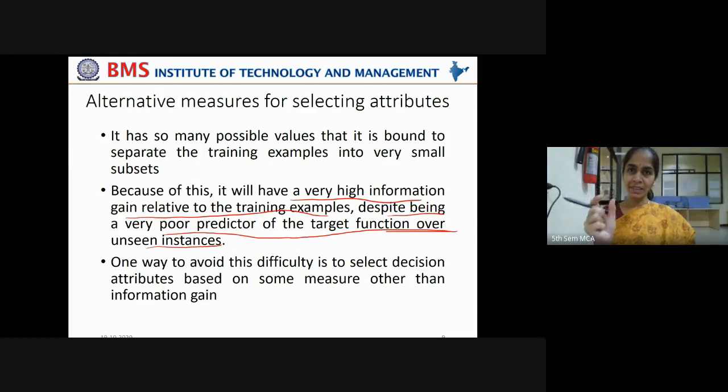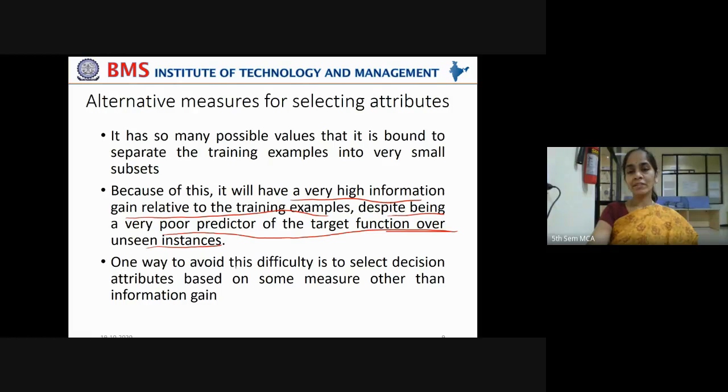Now when some unseen example is given where the date is different, there is no branch in the decision tree to proceed with the prediction. It will stand wondering what has to be predicted, whether yes or no, because it doesn't know the new date. That is the disadvantage of completely relying on information gain, right?